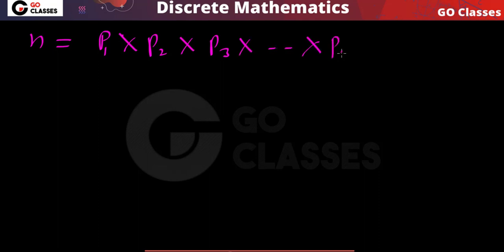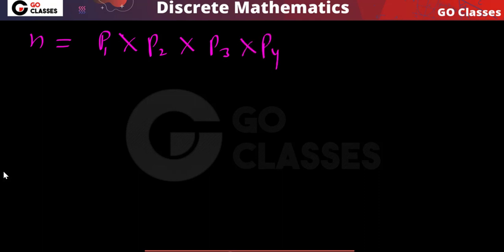So when the prime factorization of n is p1 multiplied by p2 multiplied by p3 and so on, let me just take up to p4.